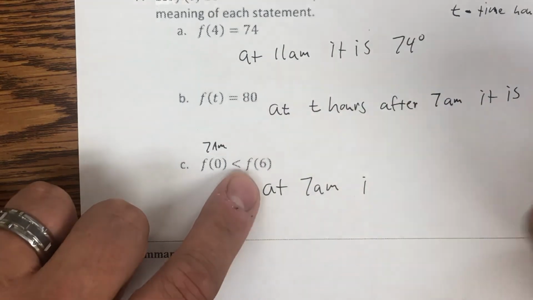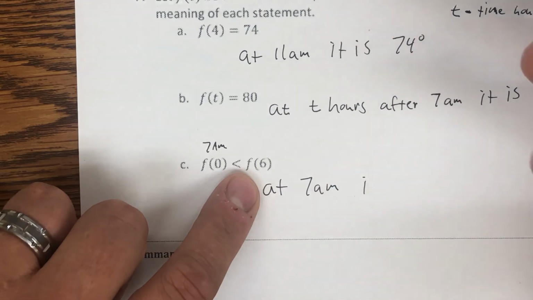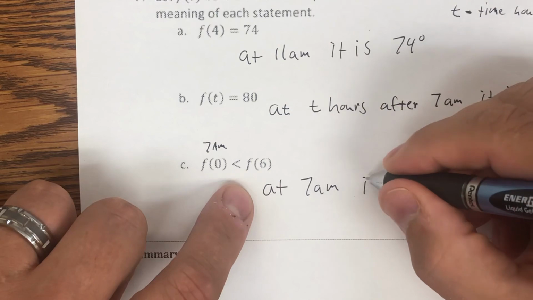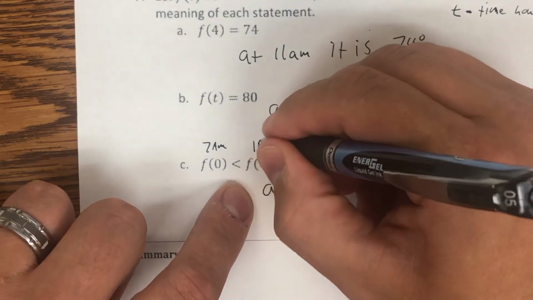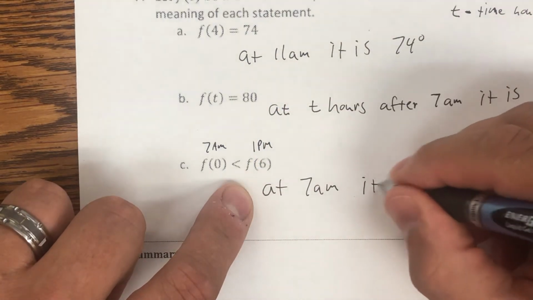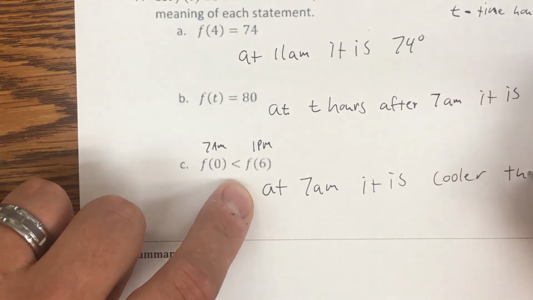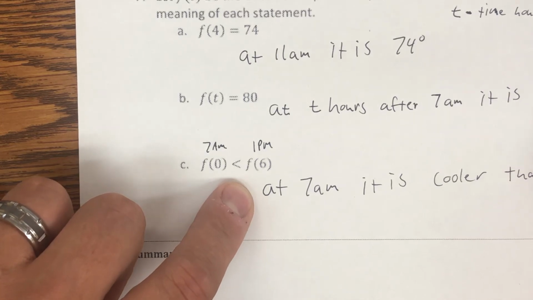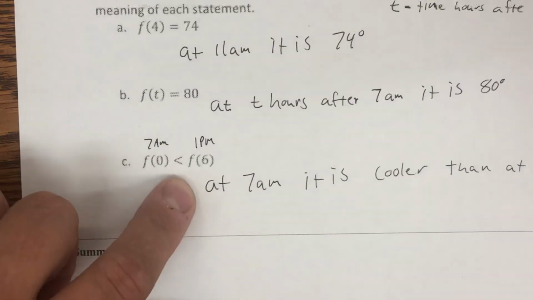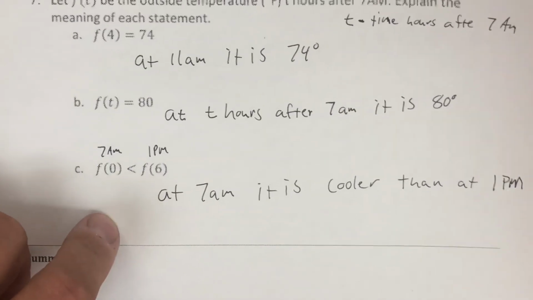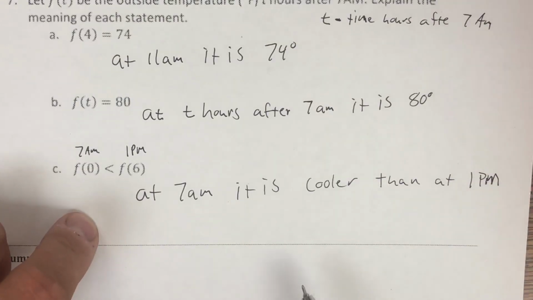That would put me at 8, 9, 10, 11, 12, 1 p.m. So at 7 a.m., it is cooler than at 1 p.m. So that is what I can infer from those. At 7 a.m. it is cooler than at 1 p.m., which kind of makes sense. It's usually cooler in the morning than the afternoon.